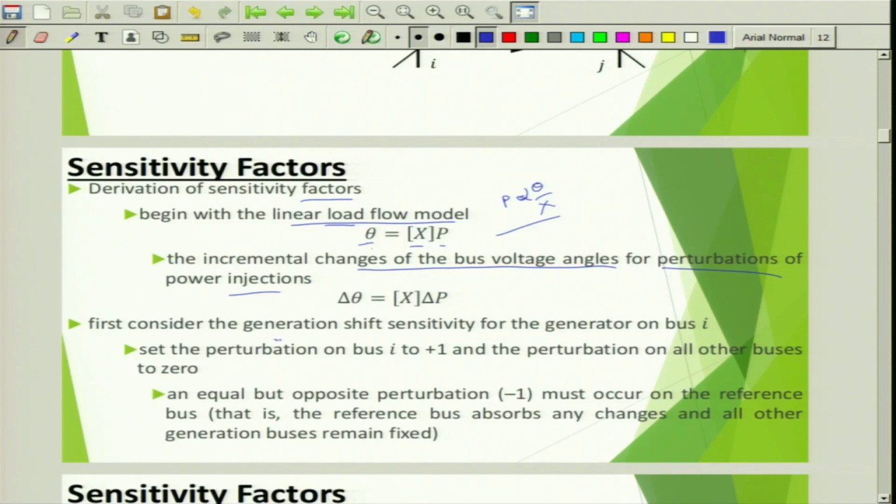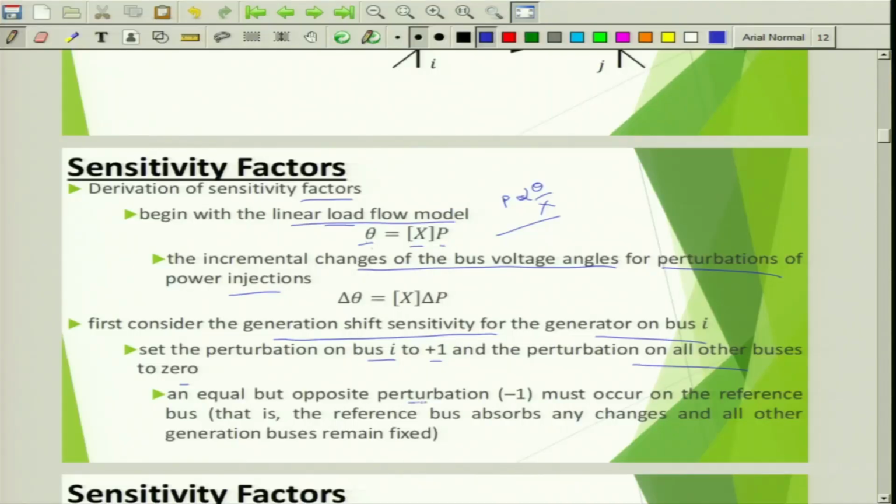Now first consider the generation shift sensitivity for the generation on bus I. That means set the perturbation on bus I to +1 and the perturbation on all other buses to 0. That means only the perturbation at one specific bus I is considered, represented by +1, an increase in generation. An equal but opposite perturbation of -1 must occur on the reference bus.